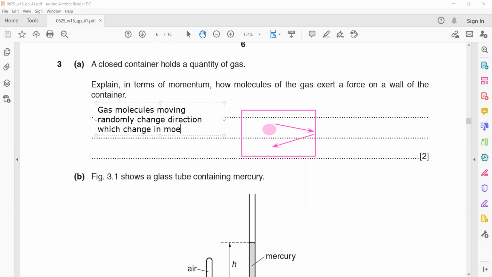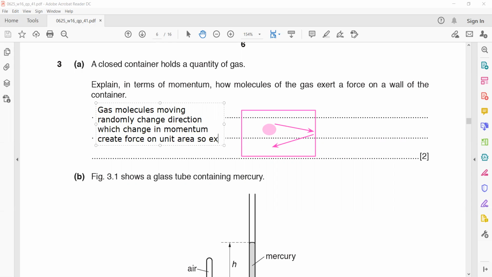Because if the direction changes, even though the speed remains the same, there will be a change in momentum because momentum is a vector quantity. Creating force on unit area.